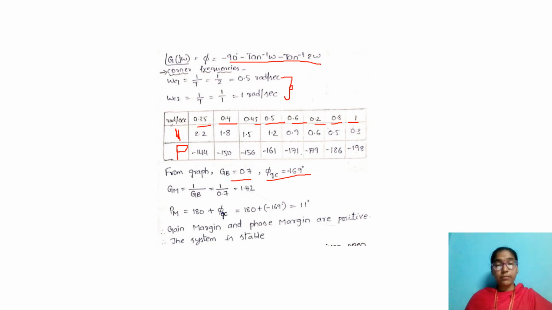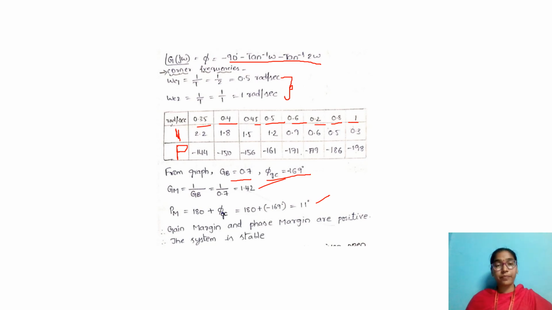So GM equals 1 by 0.7 equals 1.42. PM equals 180 plus phi GC, where phi GC from the graph is minus 169 degrees, so we get 11. So the PM is positive and the GM is positive, and the system is stable.